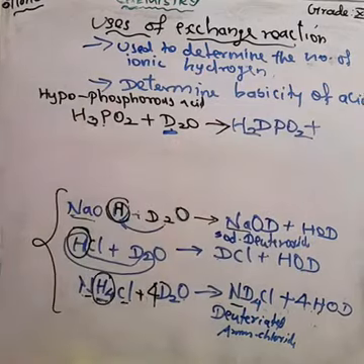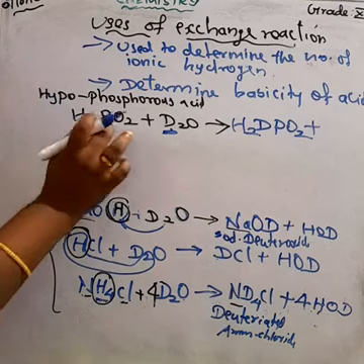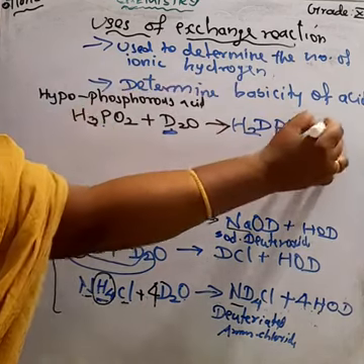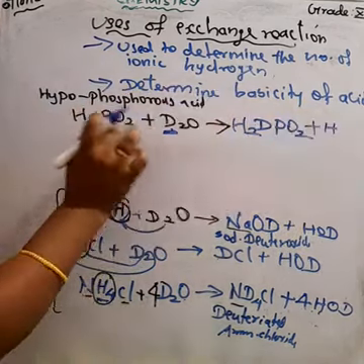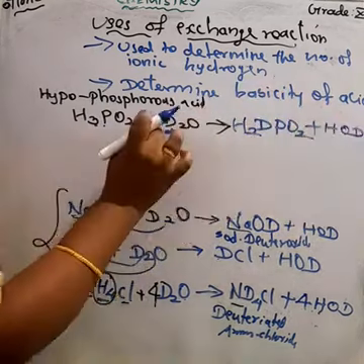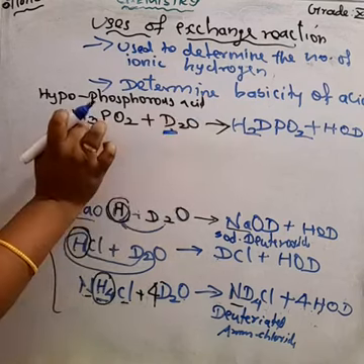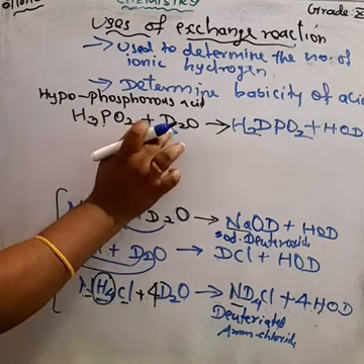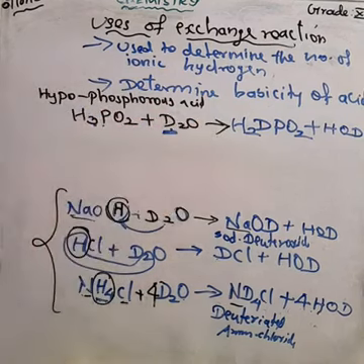Understand? So what is the remaining product? One deuterium is replaced by one hydrogen, so this one hydrogen combines here and we get HOD. Only one hydrogen is replaced by one deuterium, so we get the remaining product with one hydrogen, one deuterium and one oxygen.